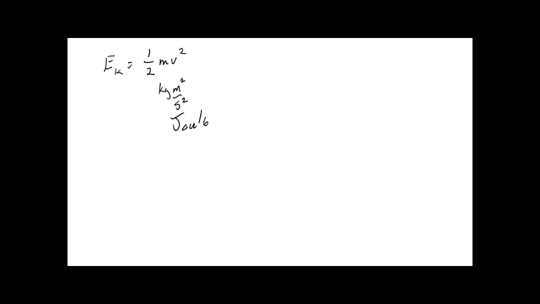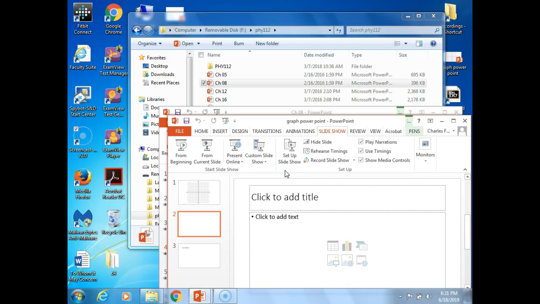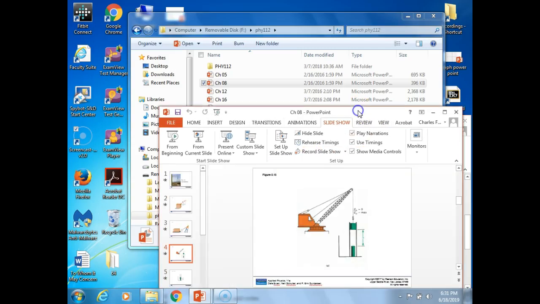Now, they have an example, and they showed the picture in the book. I don't have one here. Actually, the next slide does look sort of like it, though we're coming back to that, but it'll be destroyed by the time we get back here. This is a pile driver.